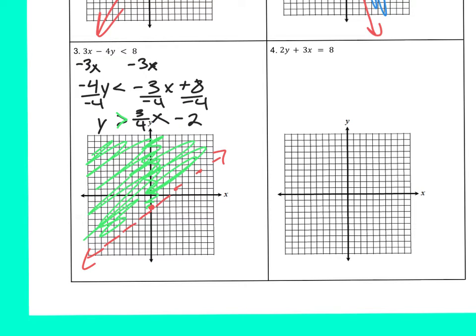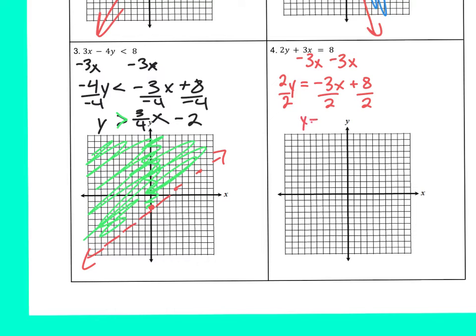Okay. Next one. Is this in a form I can graph? No. What do I need to do? Subtract the 3x. So 2y equals negative 3x plus 8. Now what? Divide by 2.